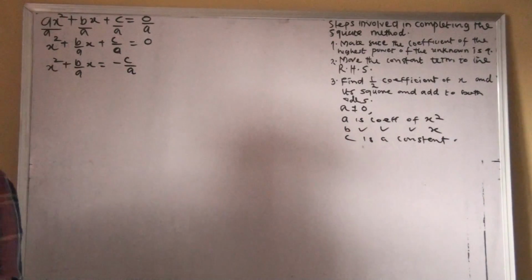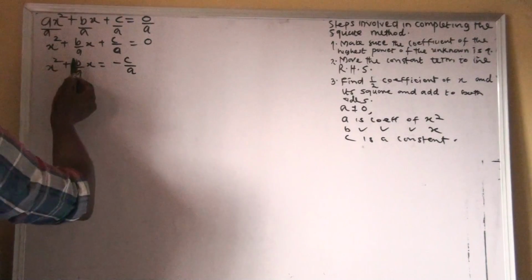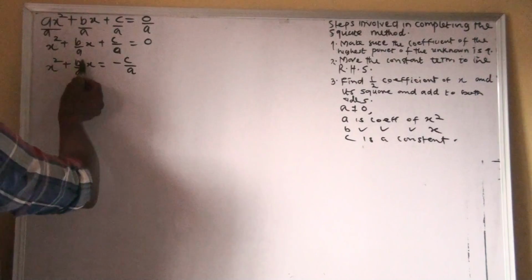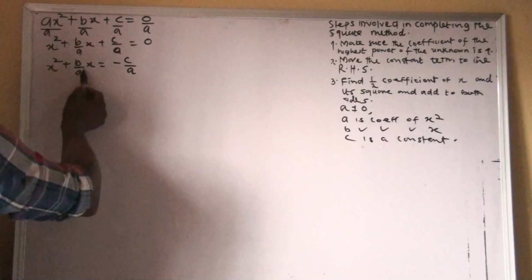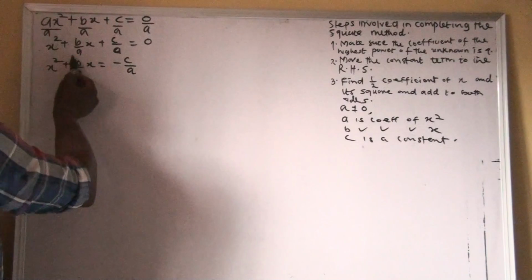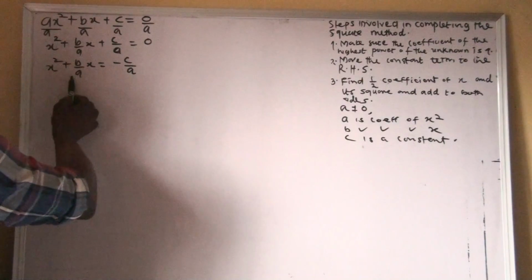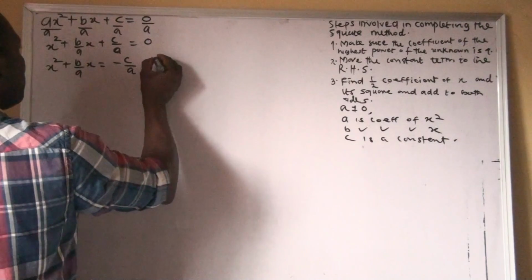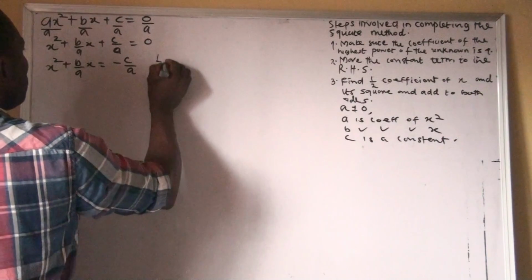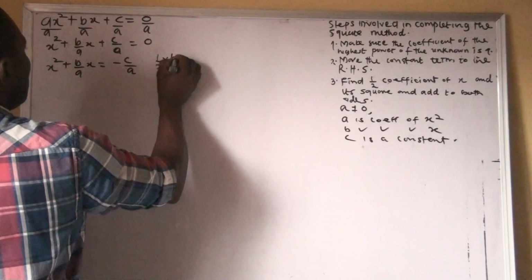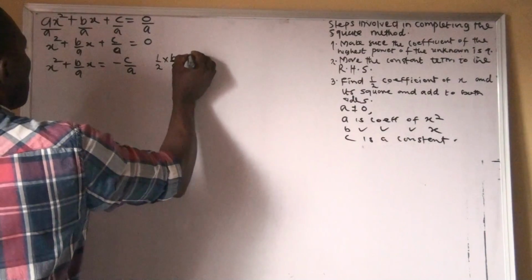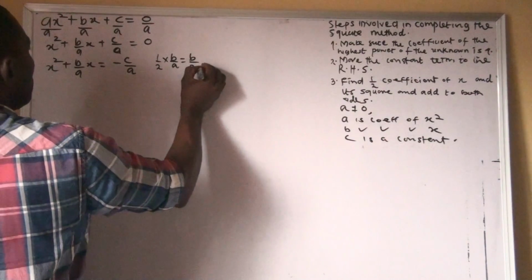Okay, so the next step is that we look for half the coefficient of x, and the coefficient of x here is b over a. If we're looking for half of it, we are saying 1 over 2 times b over a. That will give us b over 2a.